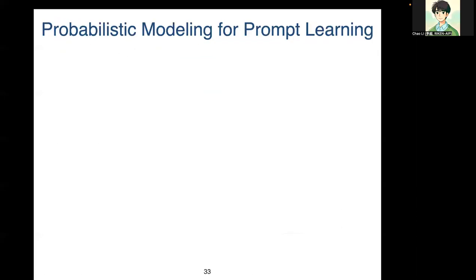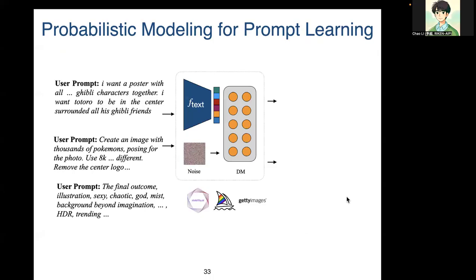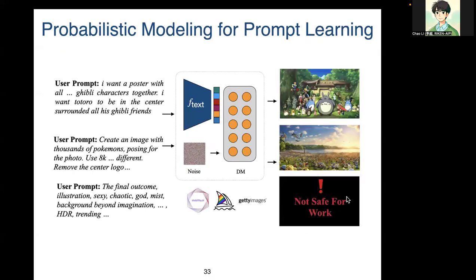A natural question is, where do we encounter such extremely high-dimensional distributions in practice? Well, here's a clear example: prompt learning for text-to-image models. In this task, the model takes your text prompt, maps it into a sequence of tokens, and those tokens then guide the image generation process.